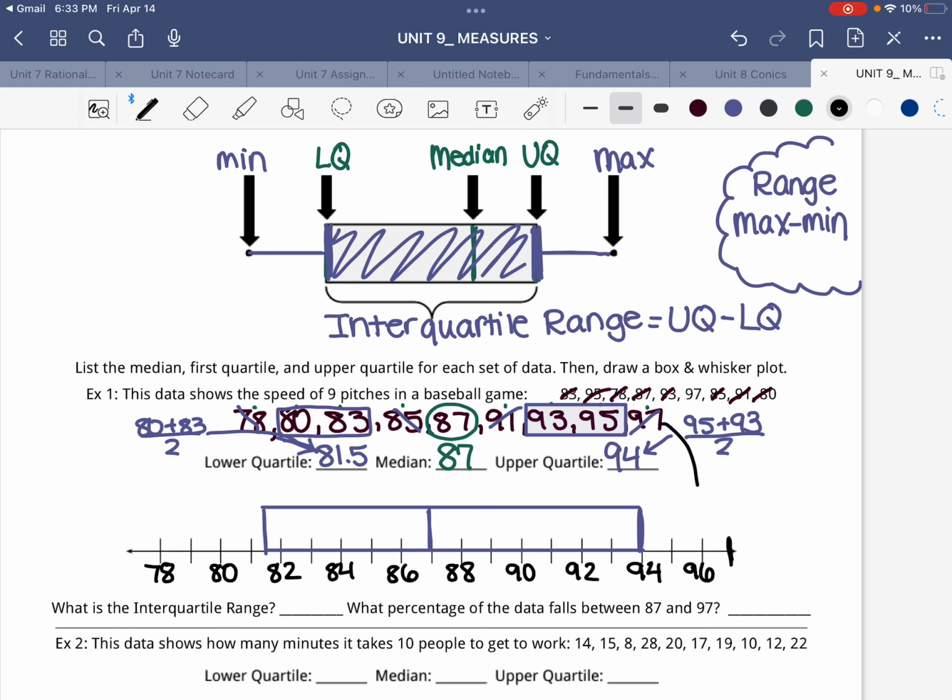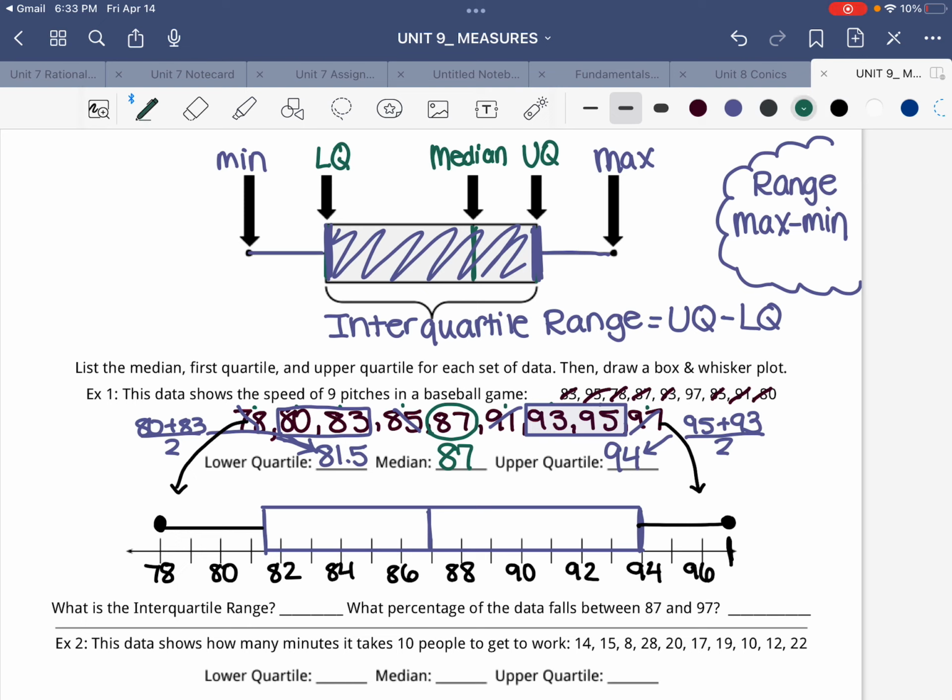The maximum was 97, and you draw a whisker. The minimum was 78, and you draw a whisker to attach it. There you go. That is a box and whisker plot.